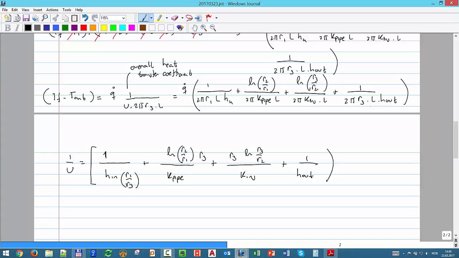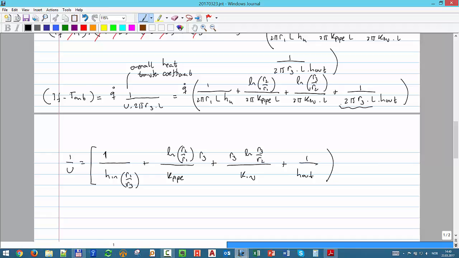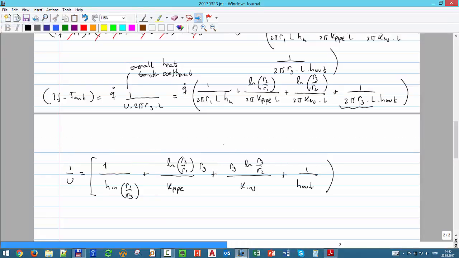And the only one that I really am clearing, taking out the three factors, is the heat convection in the outer layer. Okay, so let's see.